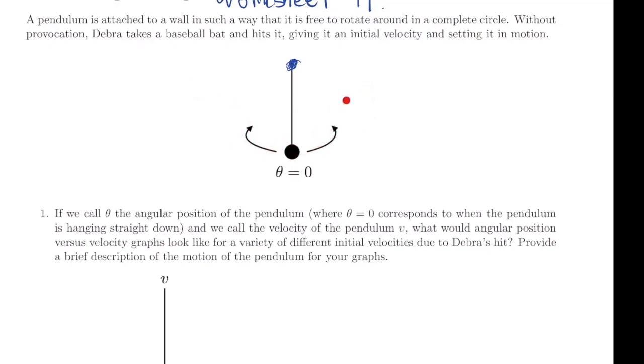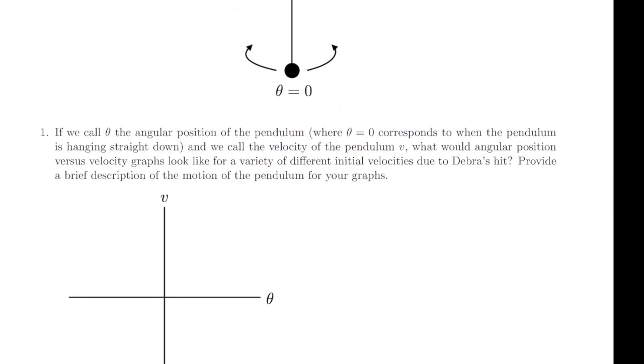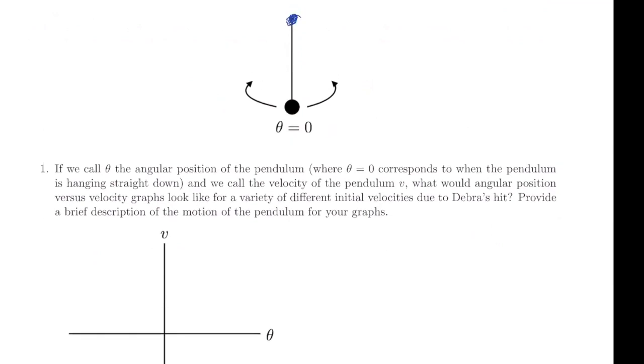How is this pendulum going to move over time? Let's think about this intuitively, and then see how the math may or may not match our intuition. Our two variables here are the angle theta and the velocity of the pendulum.